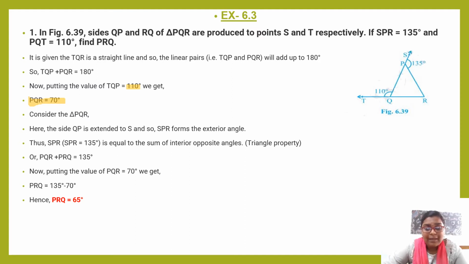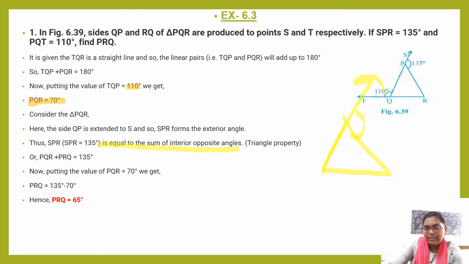So here, by the exterior angle property, you know what the exterior angle property is? The exterior angle is equal to the sum of the interior opposite angles. Okay. So take this triangle, this is your extended side and this is your exterior angle.